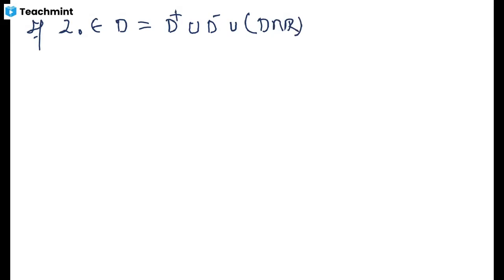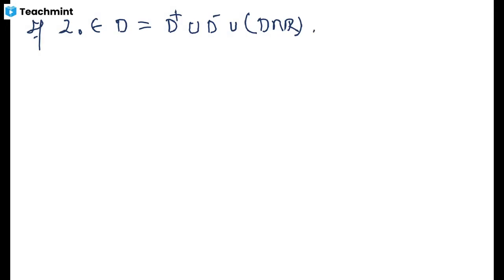So now if z naught is any point in D, and we know that D is a disjoint union of three parts, and another part is the segment D intersection R. Now we have three situations, or two. Let us take two situations.